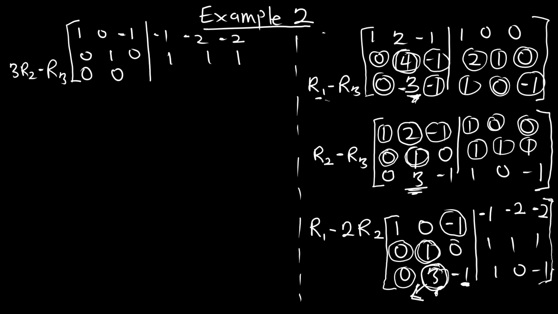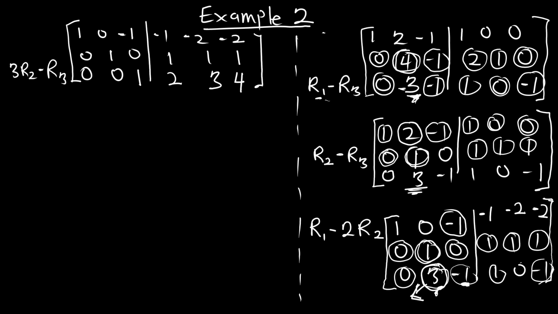Now 3 times 0 minus 1, and that is going to be positive 1. 3 times 1, which is 3, minus 1, and that is going to be 2. 3 times this, which is 3 minus 0, that is going to be 3. 3 times 1, 3 minus 1, that is going to be 4, this way.